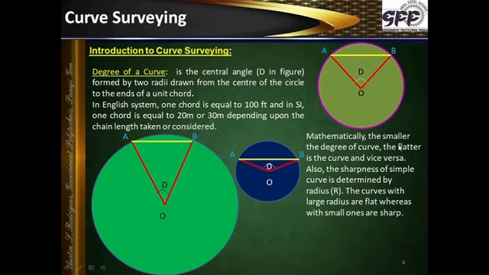Mathematically, the smaller the degree of the curve, the flatter is the curve. Let us look at these two sketches: one big circle, one small circle. The unit chord AB has the same length in both. When I place it on the bigger circle and draw the radii, I get the degree of the bigger circle, the green circle. Over here I have placed the same unit chord.